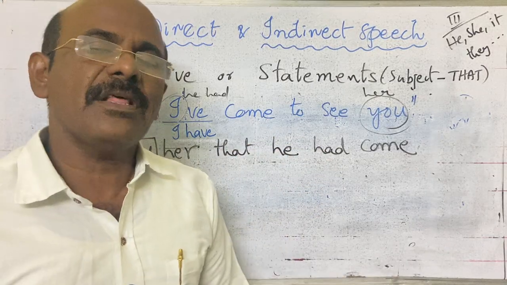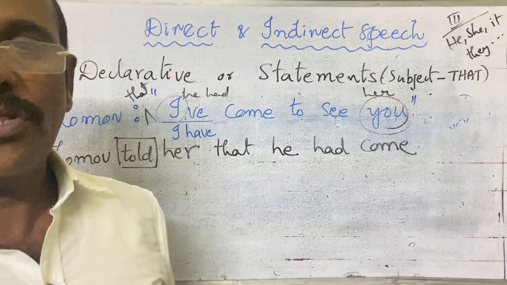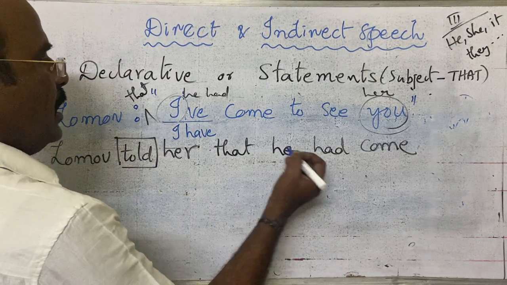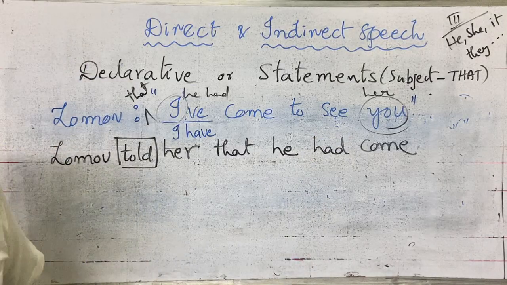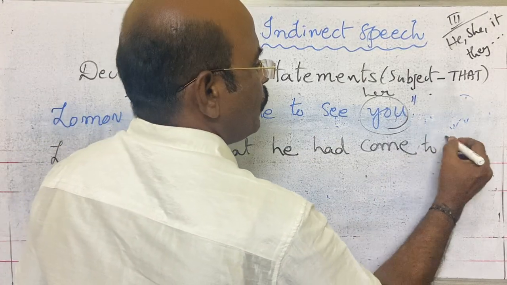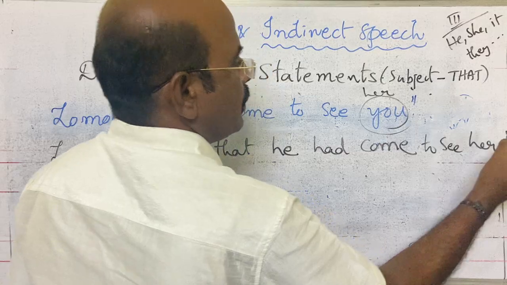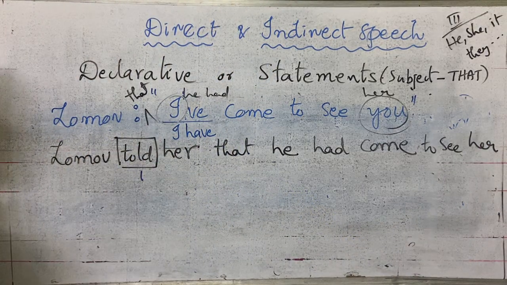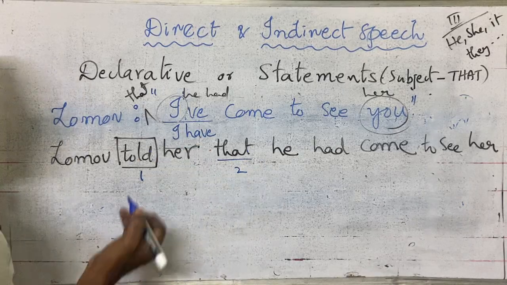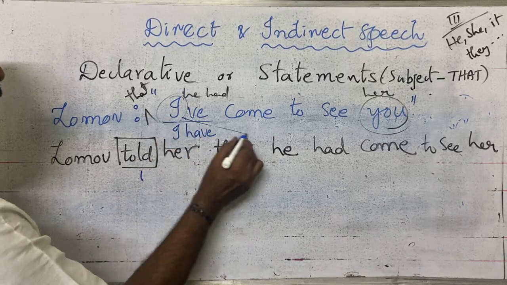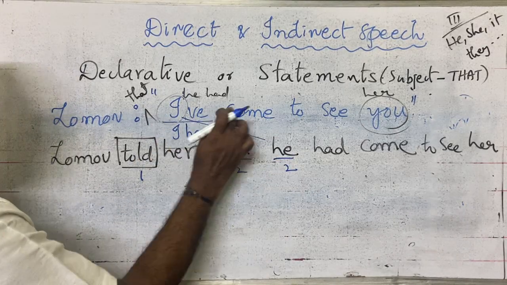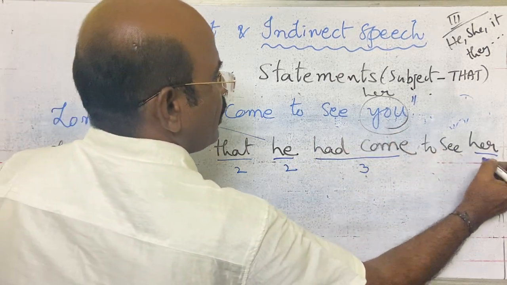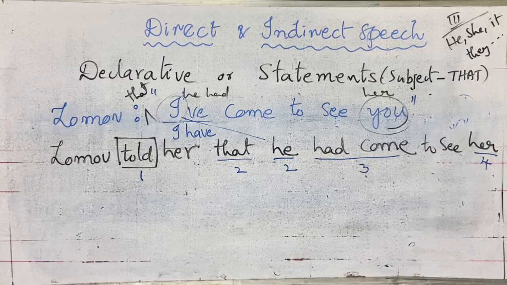But I said simply the first one we can take as past tense. So what changes did we make? One is told, the other is the conjunction. I turns into he, have come turns into had come, and you turns into her. So like this the changes are made.